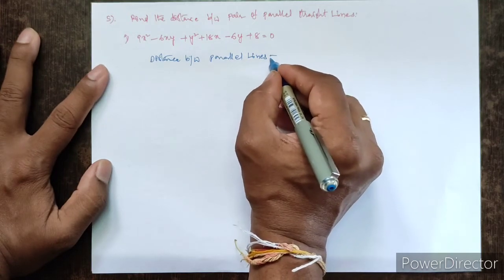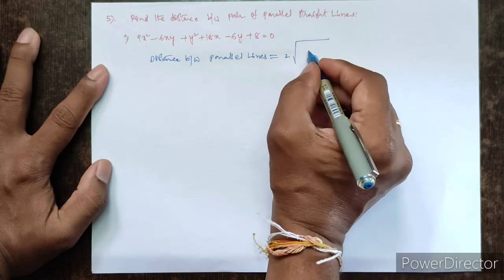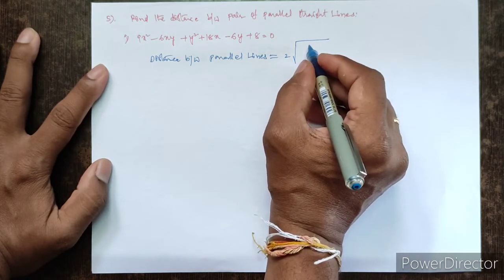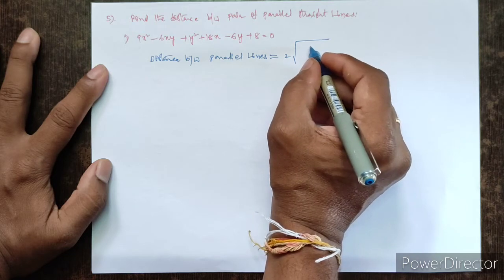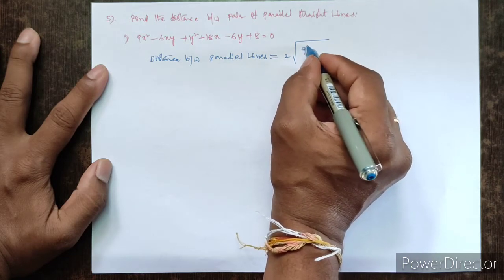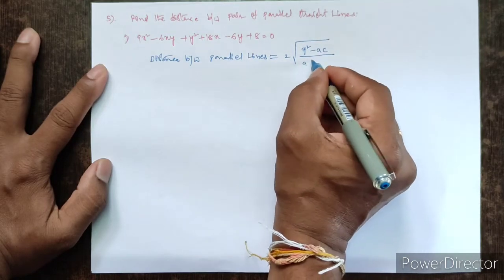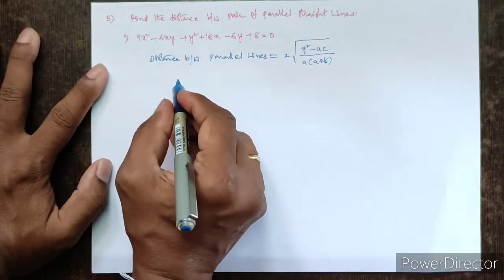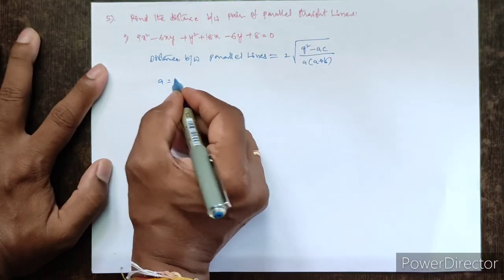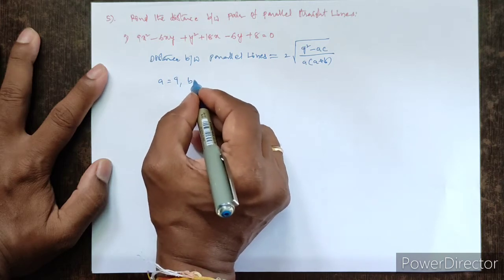Already we have derived the formula of distance between two parallel straight lines: 2 into root of g square minus ac by a of a plus b. So what is a here? A is the coefficient of x square, that is 9. What is b?